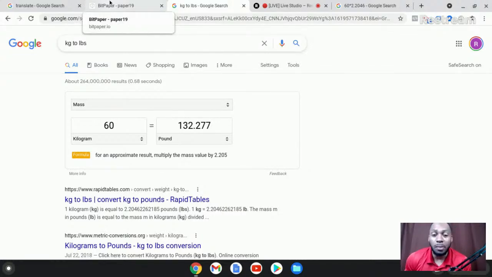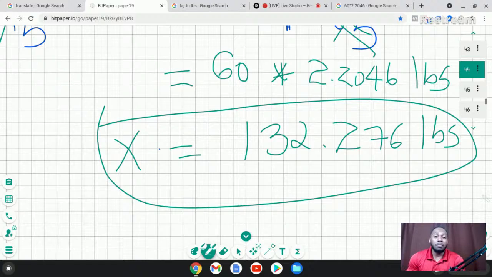I get 132.277. This is probably a rounding error, but essentially you get the same answer. So I started with the relationship, and then based on what they give me, I put it under either the kilogram side or the pound side, and then I end up with the answer.